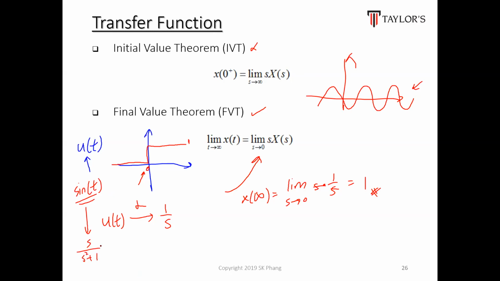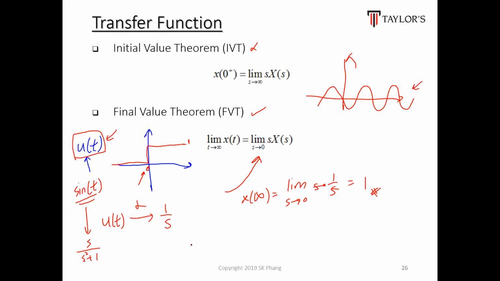I forgot what the Laplace transform of this is; I need to refer to the table. If you apply it to this one, substituting 0 into it, I don't think you can get a final answer. So only in certain cases, where you are sure that the signal will go to one answer, can you apply the final value theorem. And yes, you can apply it to signals, but I can't really give you other examples of signals that go to only one point.